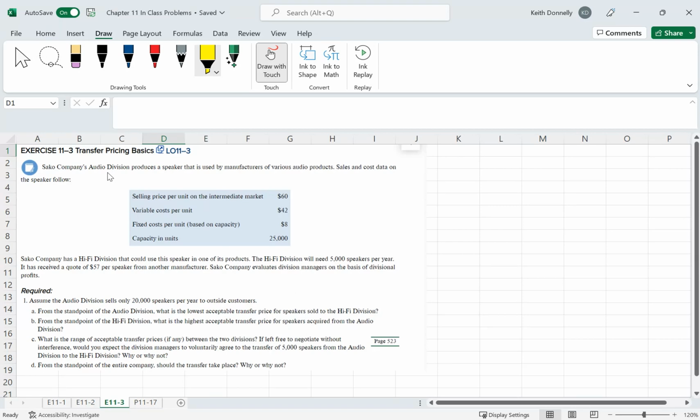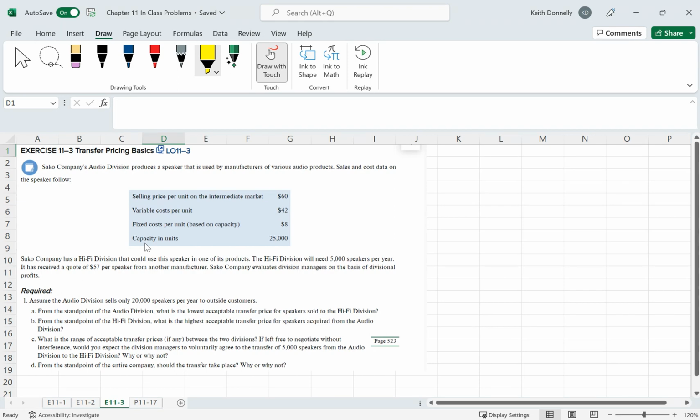Sales and cost data on the speaker is as follows. The selling price per unit on the intermediary market is $60. Its variable cost per unit is $42. Fixed cost per unit based on the capacity is $8. And the capacity in units is 25,000.